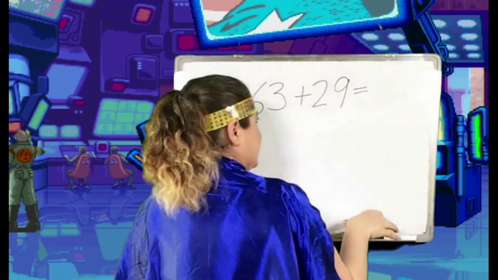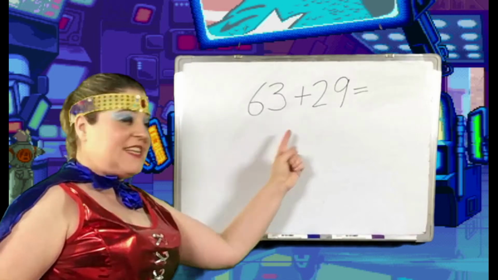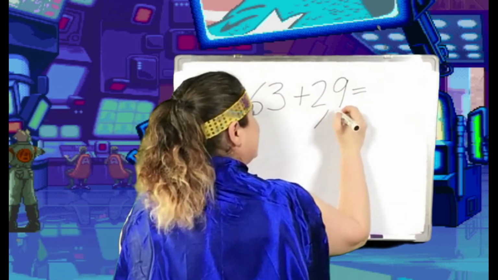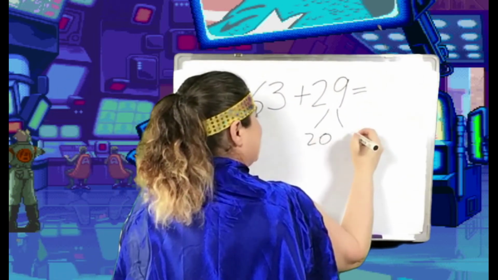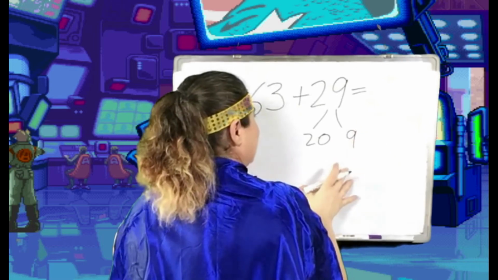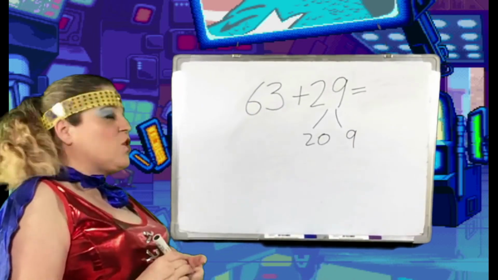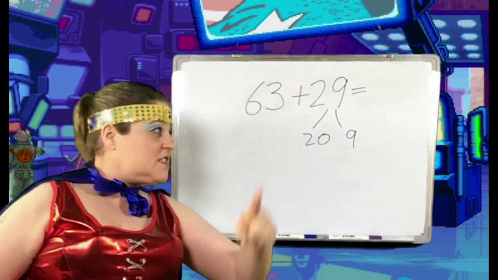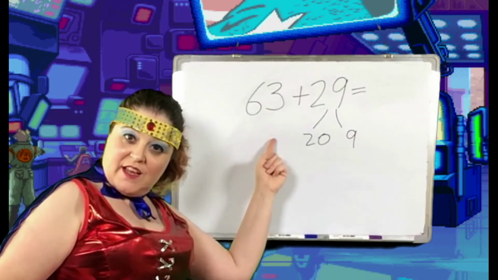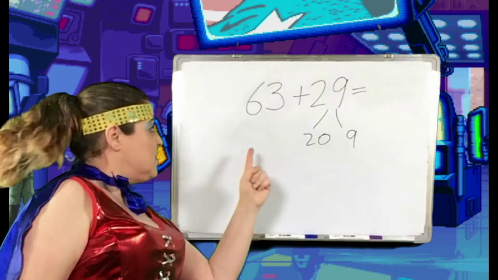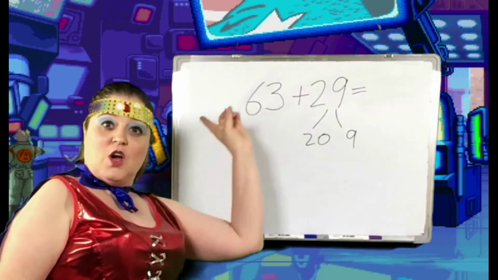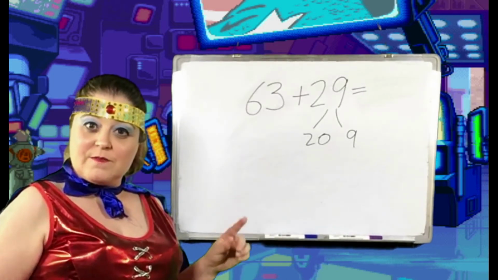Good. The smaller number is 29. So we partition 29 into 20 and 9. Next, you're going to add the tens to the 63. Add the tens to the 63. Go ahead and do that now.